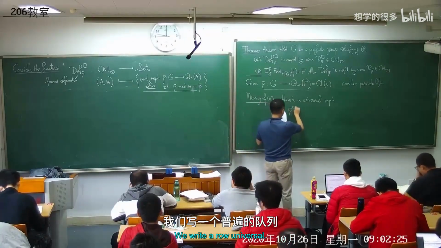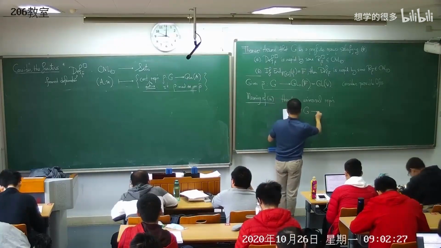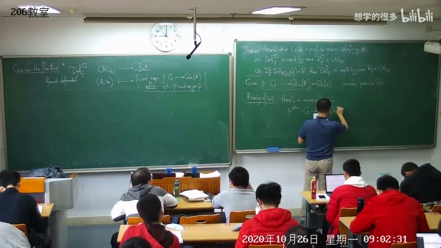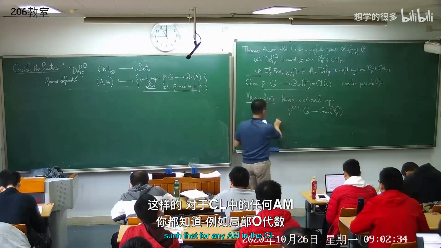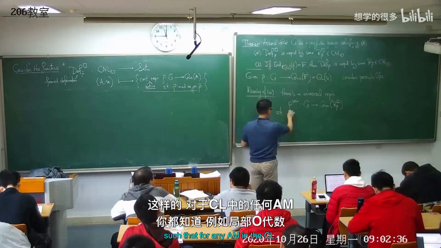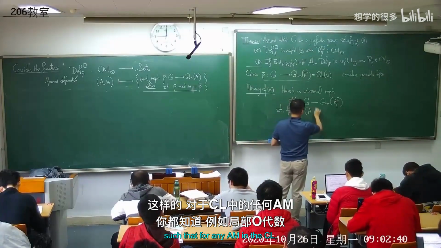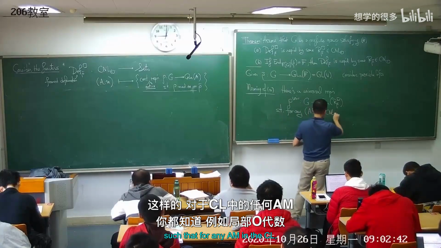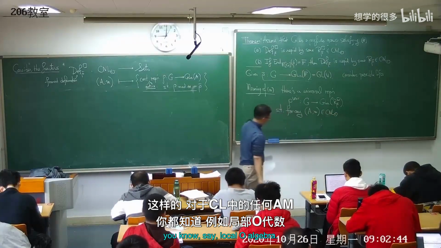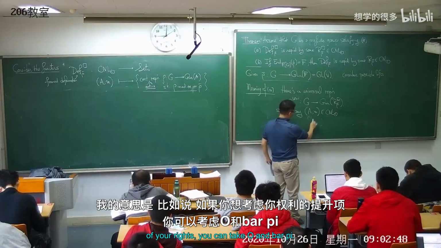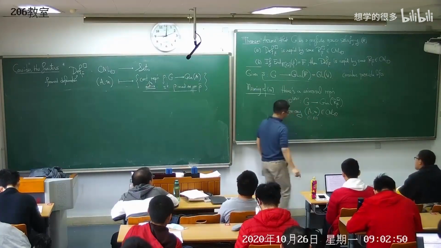We write rho universal, such that for any A in the category, a complete Noetherian local O algebra. For example, if you want to consider the lifting I just erased, you can take O and O mod pi.